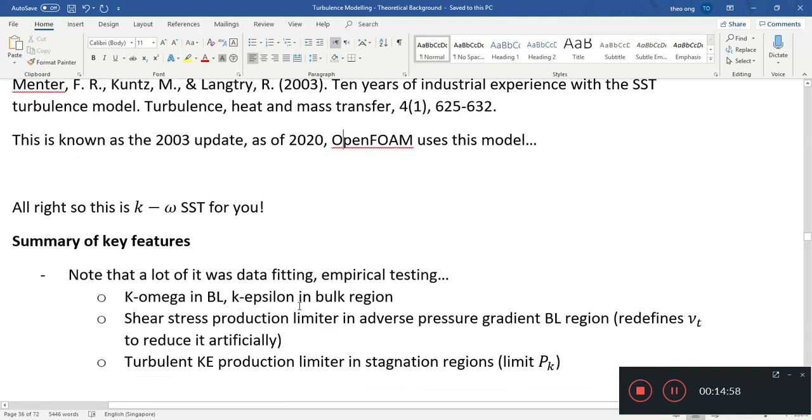The key features of kOmegaSST: a lot of it comprises data fitting and empirical testing, and it uses the k omega in the boundary layer region, k epsilon in the bulk region. Despite this, we still have problems with the adverse pressure gradient, so there's a shear stress production limiter in the gradient boundary layer region.